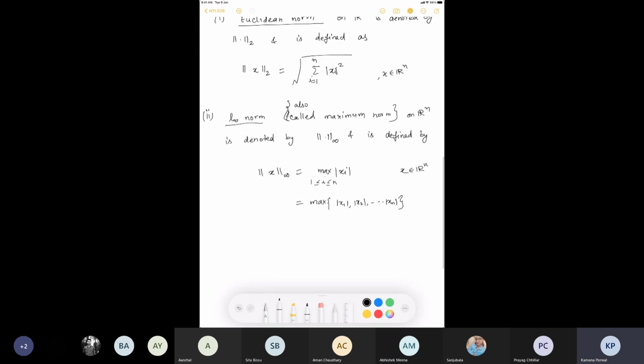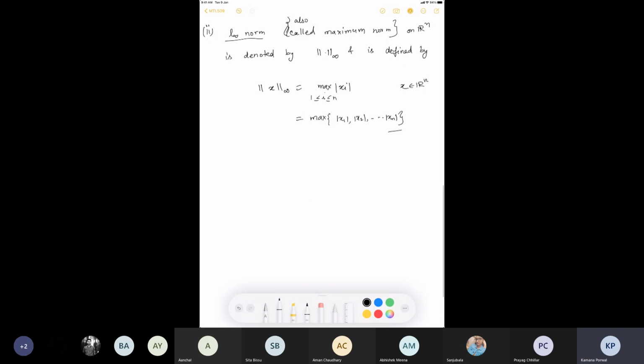Okay, so let me give these numbers. So this is 1, this is 2, and let's define L1 now. This is denoted by, I'll use 1 in the subscript.